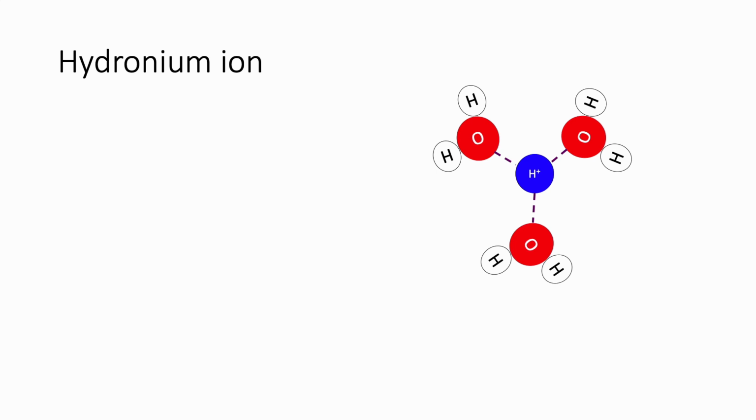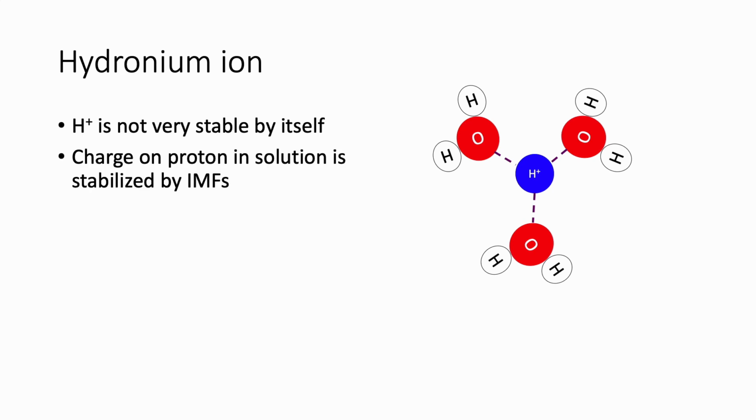So a little aside about notation, you will often hear books refer to the hydronium ion, H3O+. The reason they do this is that a proton is not very stable by itself, and basically what happens when you have a proton in solution is that charge is going to be stabilized by intermolecular forces.